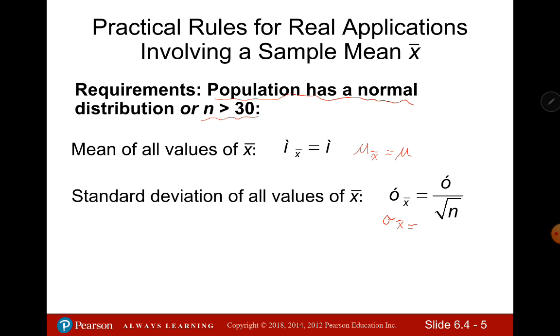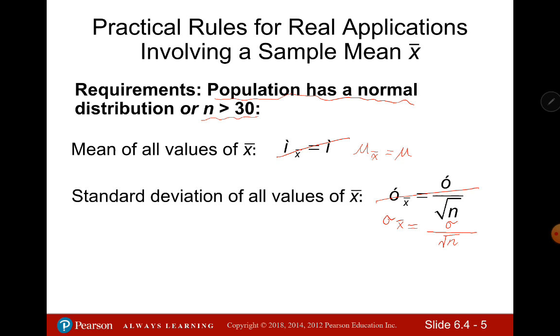So the standard deviation of this x bar is the population standard deviation, but this time not the same one. We have a denominator to get this one. If you check your PowerPoint, I think everything looks all right, but on my screen it's not the same one. So make sure you check this one.